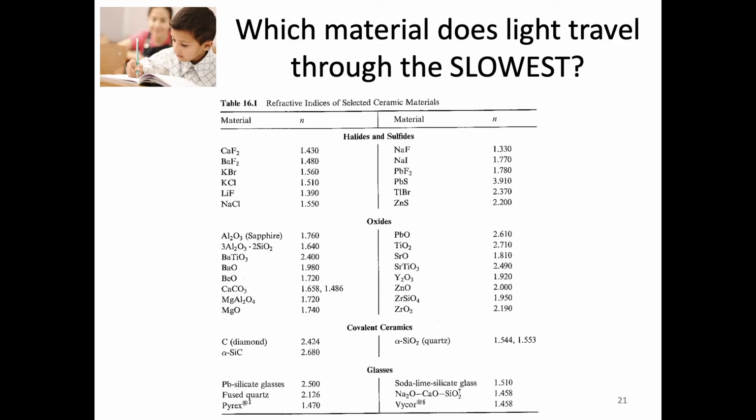So see if you can come up with which material you think light travels through the slowest. So pause the video, see if you can scan through this table and tell me which one you think light travels through the slowest.